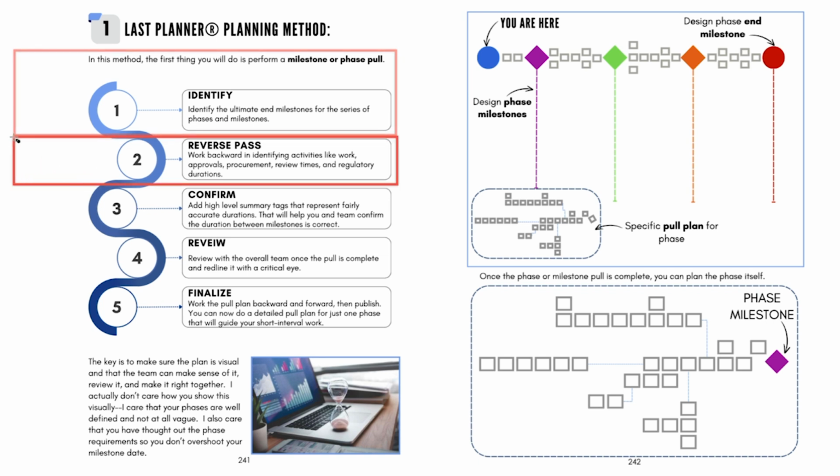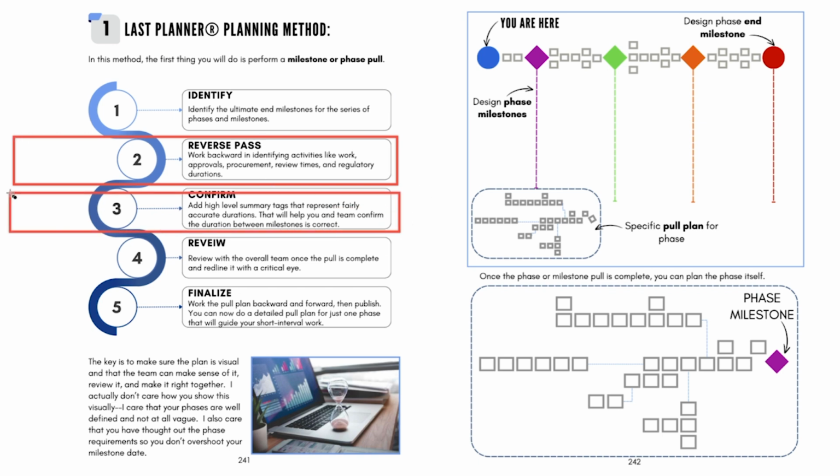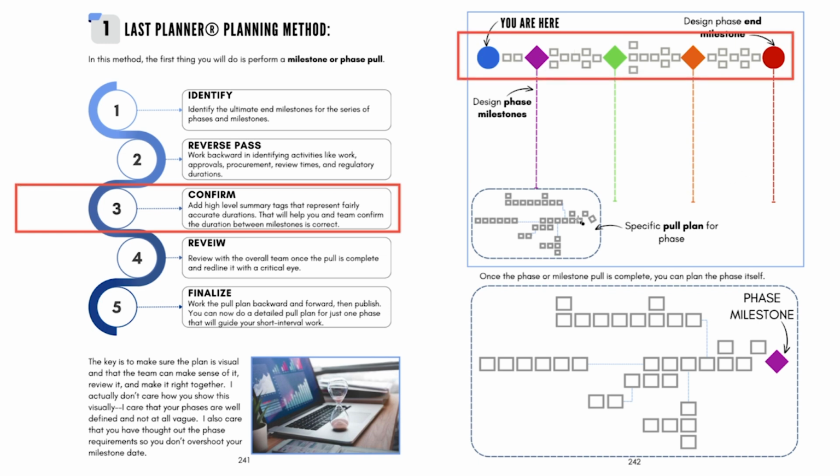Then do your reverse pass. So work backwards in identifying activities like work approvals, procurement, review times, regulatory durations, right? And then confirm, meaning add high-level summary tags that represent fairly accurate durations. That will help you and your team to confirm the duration you have between milestones, right? So what you're attempting to do is make sure that these milestones are correct.